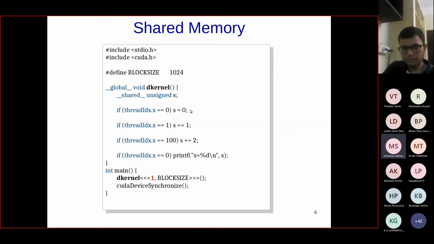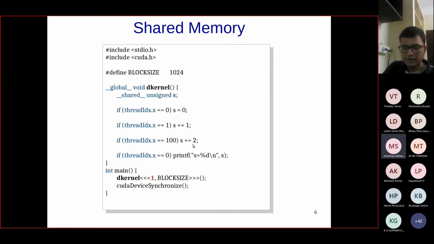And if that is the case, then it can happen that the value of s, which is initially a garbage value, is read by thread 100, is added with the value 2, and is written back before this s equals 0 is written, sorry, after this s equals 0 is written by the thread with ID 0.